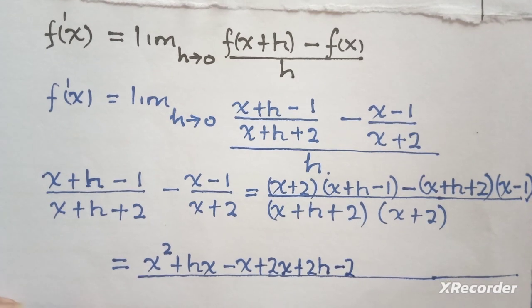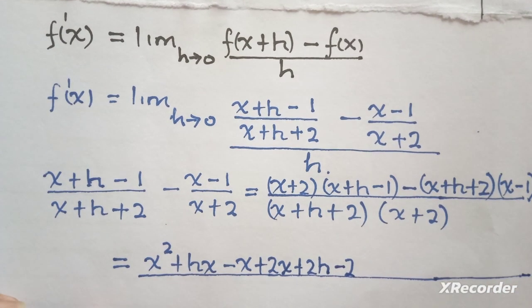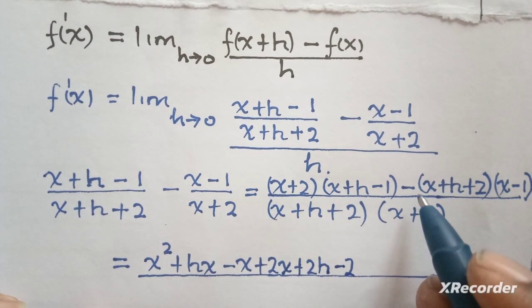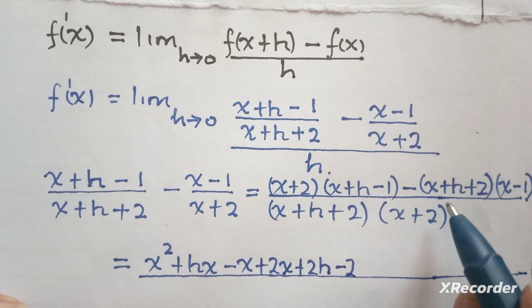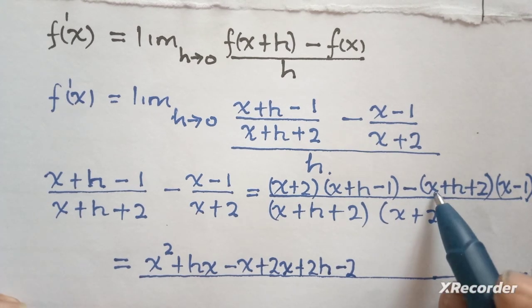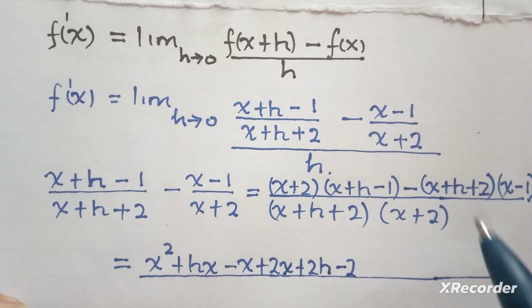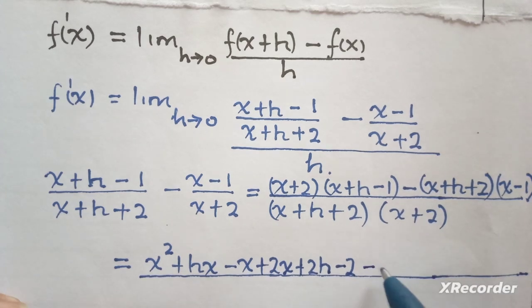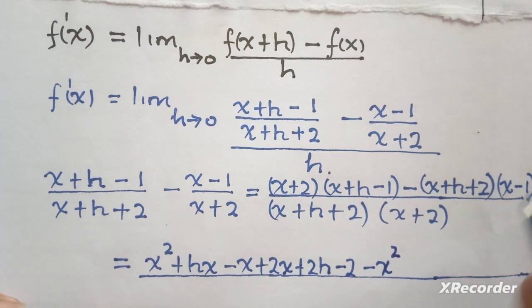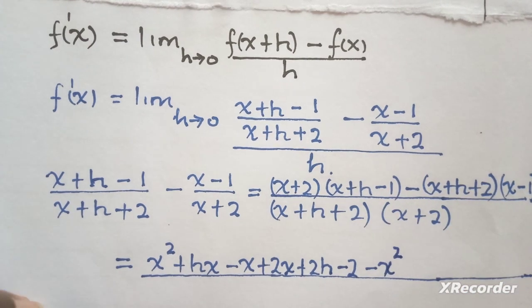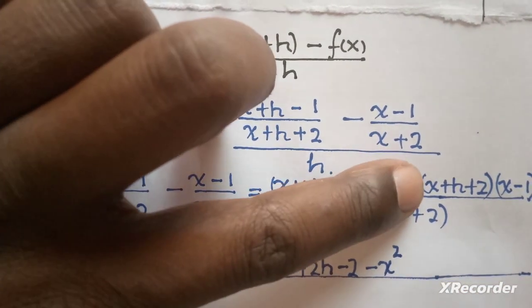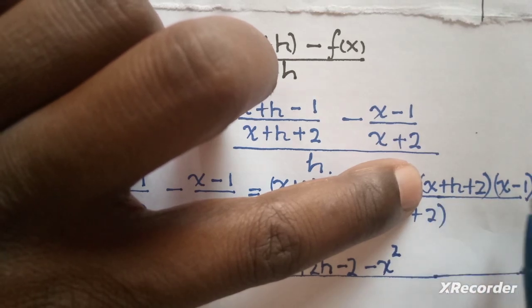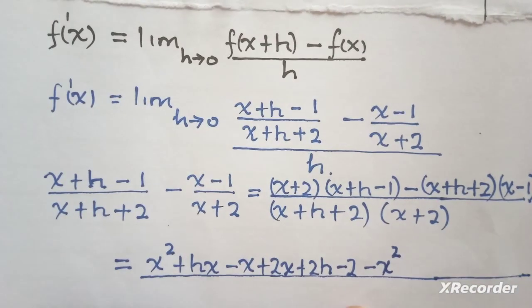Now we go to this other one here, noting that we have a minus here. So we shall be changing the signs. If we multiply x multiplied by x, the x squared, we shall have now minus x squared. So please note the negative, because the negative will be changing the signs after you multiply that. Whatever you get, you have to change the sign.